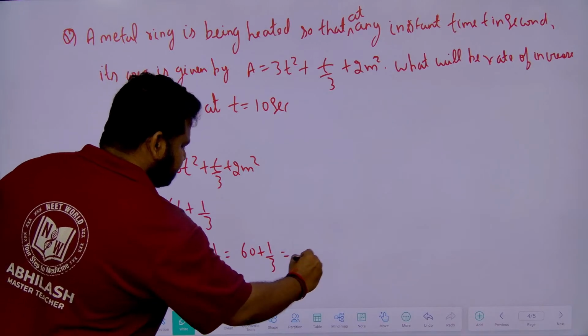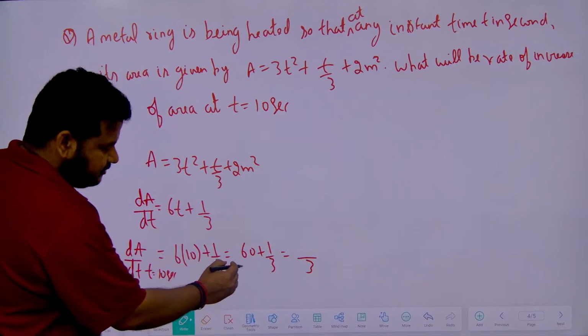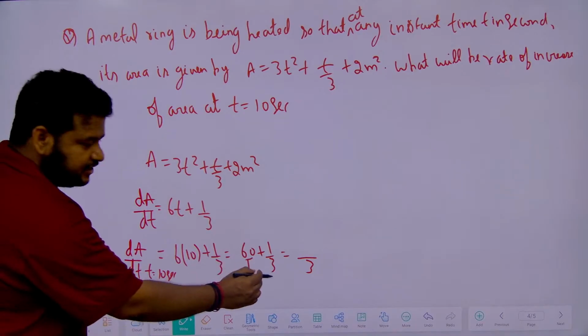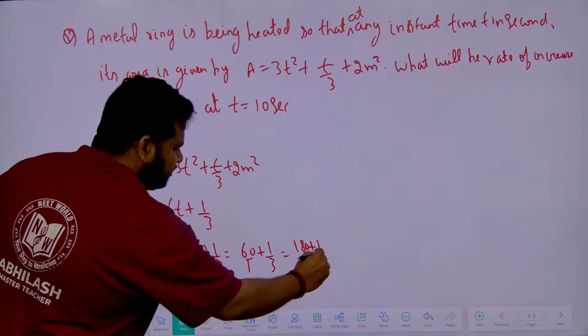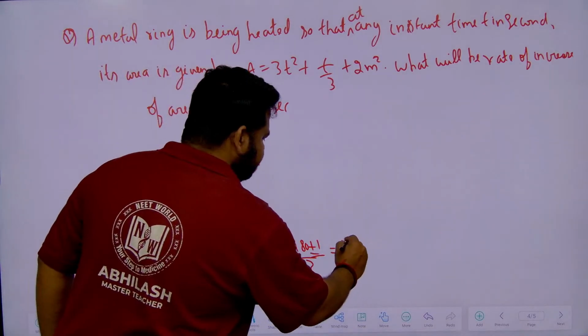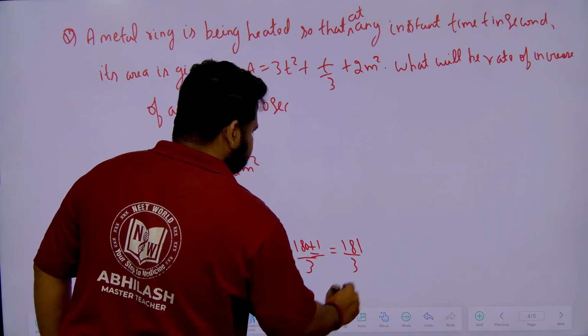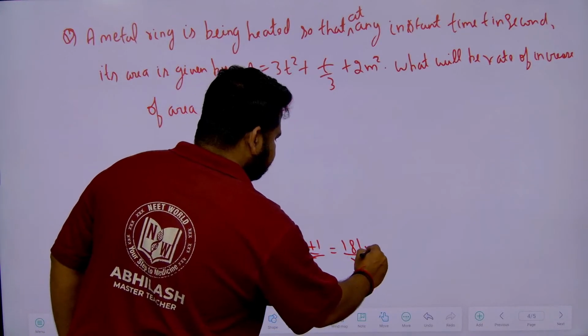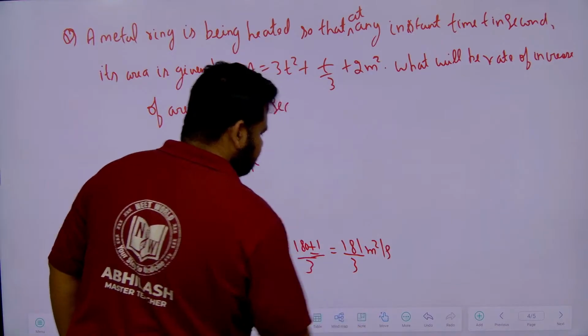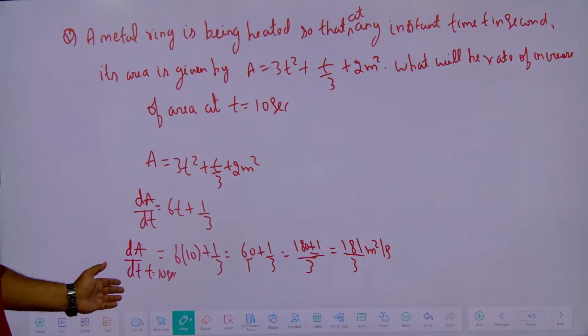LCM is 3, so 3 into 60 is 180, plus 1 by 3. That is 181 by 3. It is the change in area, in meter squares per second. Area is meter square, time is second, so meter square per second.